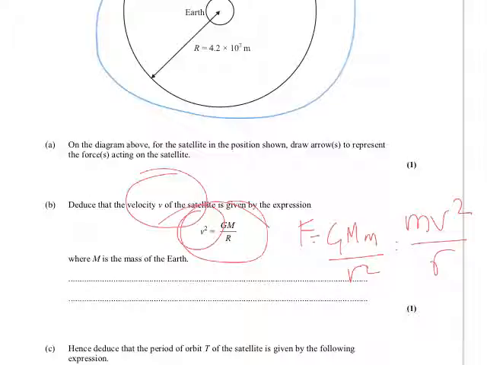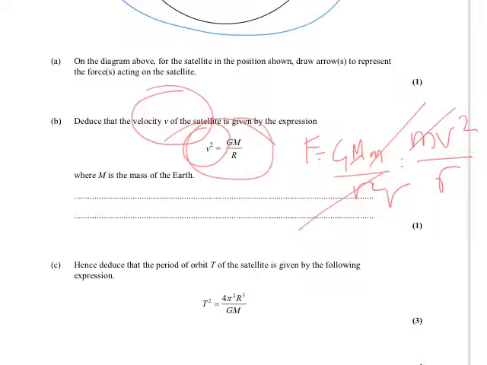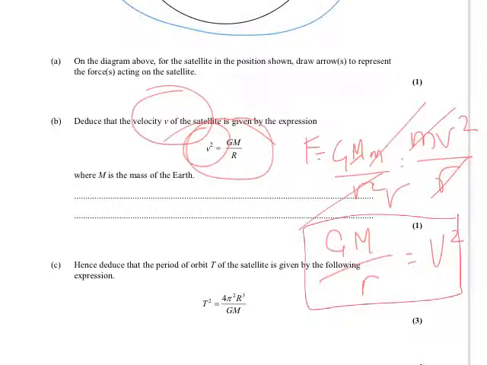You cancel out the repetitions, so you get rid of that small m, and one of those r's, and you're left with GM over v squared.